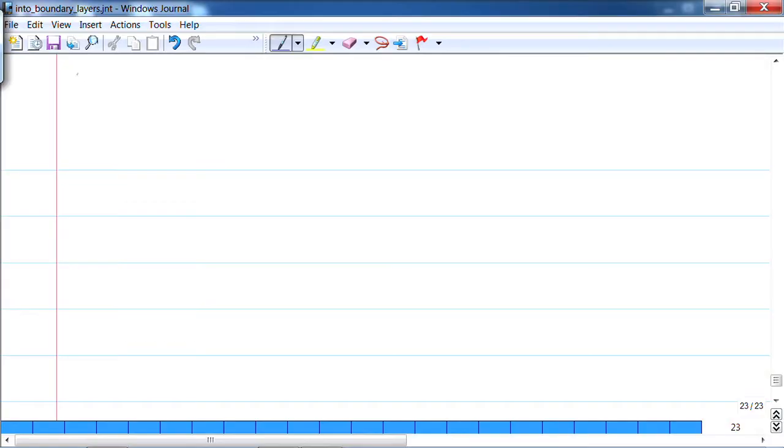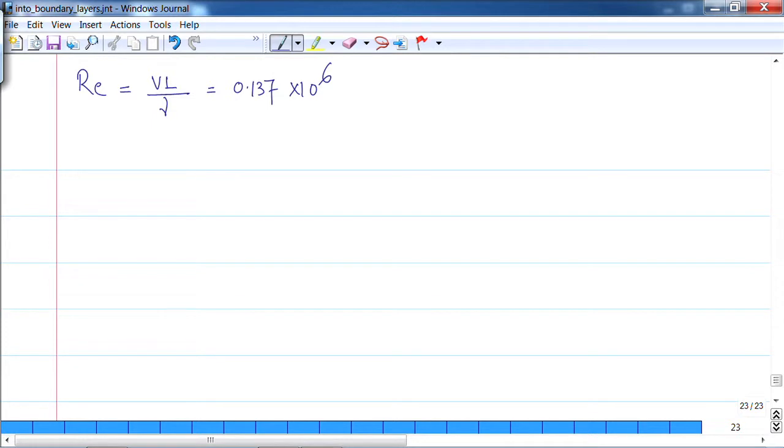Okay. So let us find out the Reynolds number here. What is the Reynolds number in this case? So let us find that out. This Reynolds number is basically, and in this case what I get is about 0.14 million.